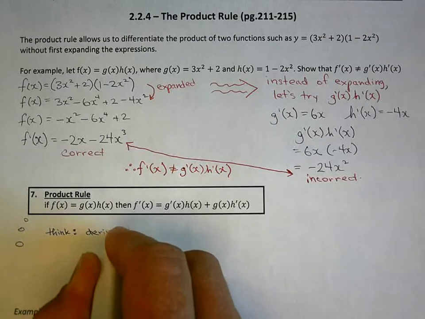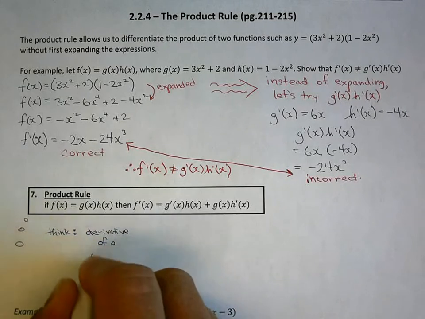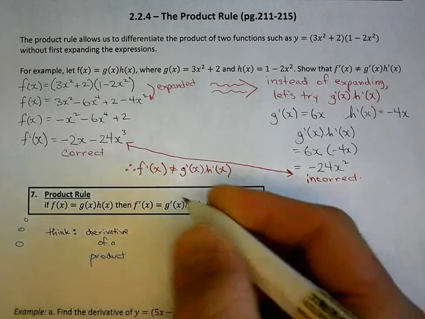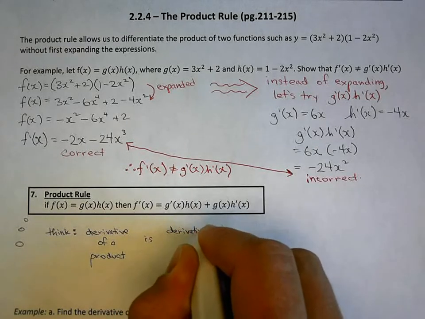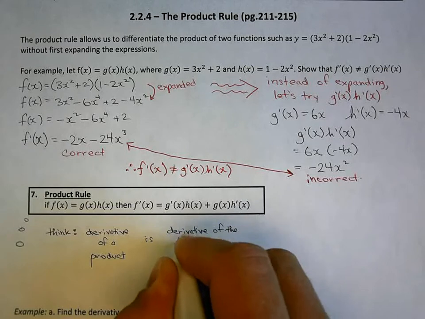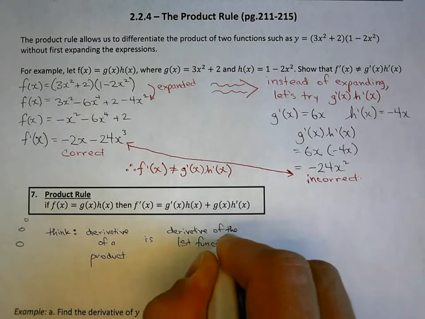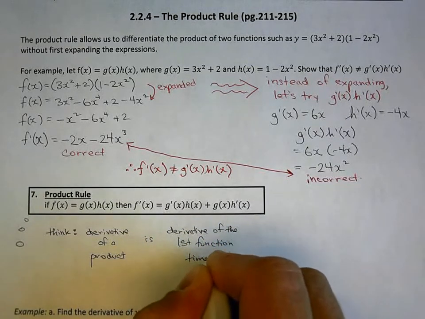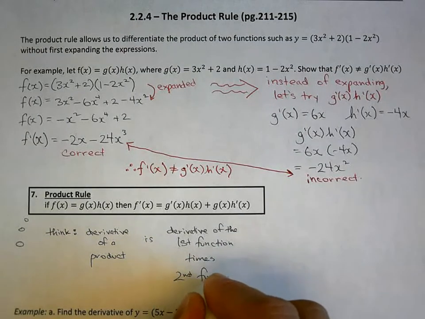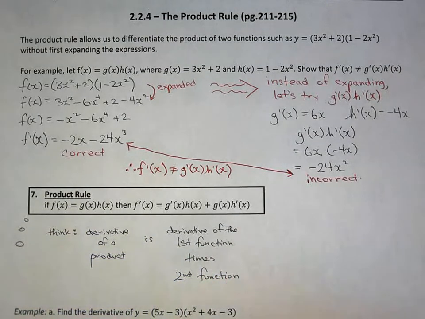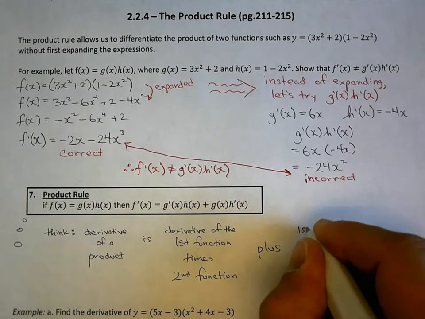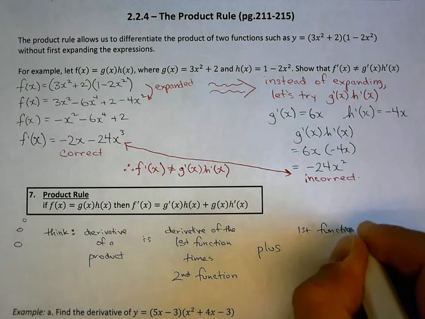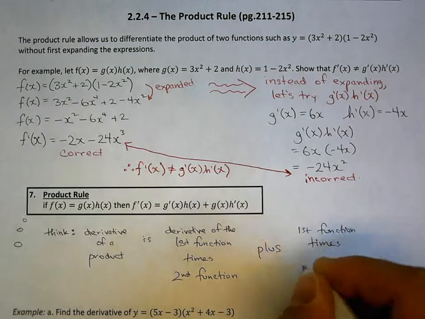The derivative of a product is the derivative of the first function times the second function plus the first function times the derivative of the second function.